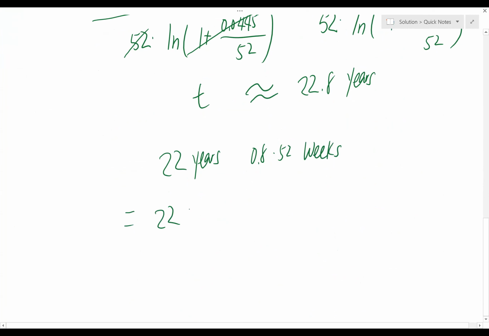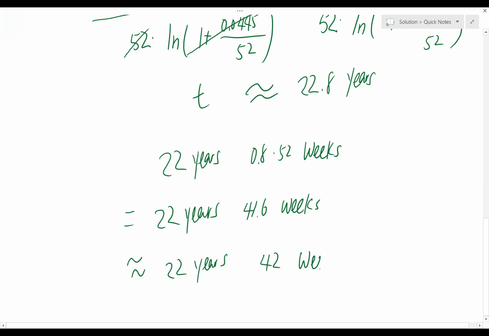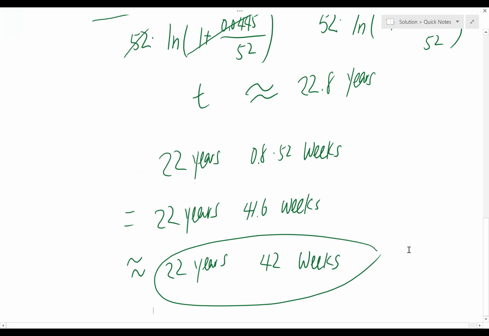And we get 22 years, 0.8 times 52, and that turned out to be 41.6 weeks. And they want to round it to exact weeks, so that should be approximately 22 years and 42 weeks. All right. So that's how you round it to the whole week, right? 22 years, 42 weeks. Any questions on this?